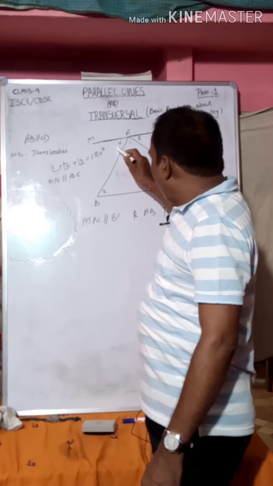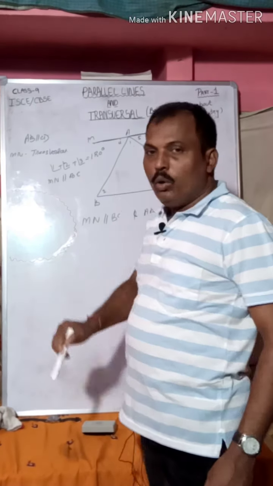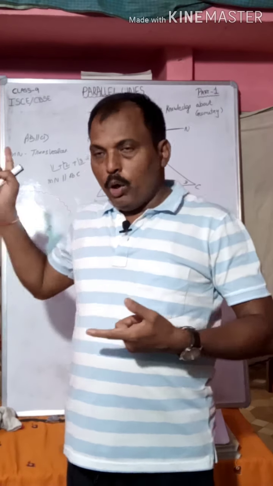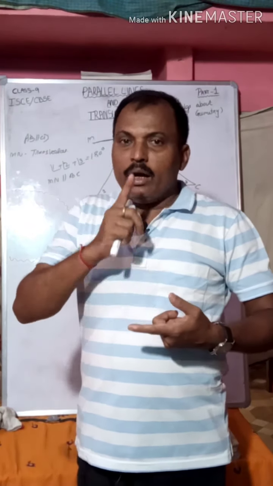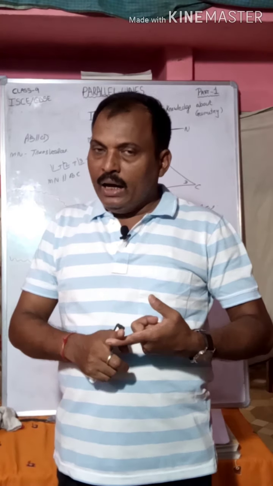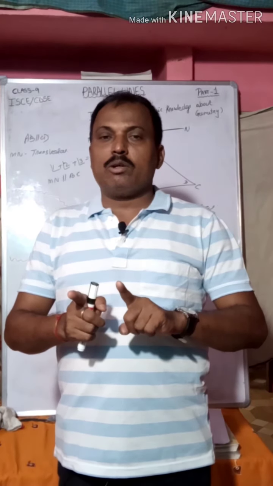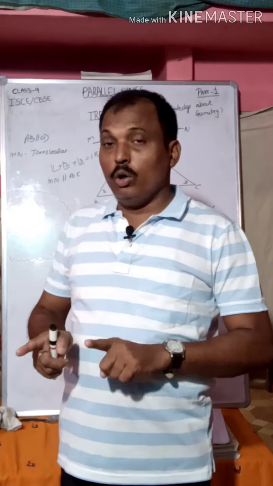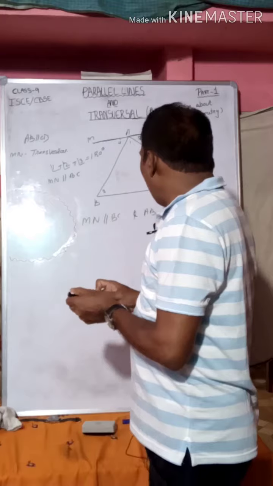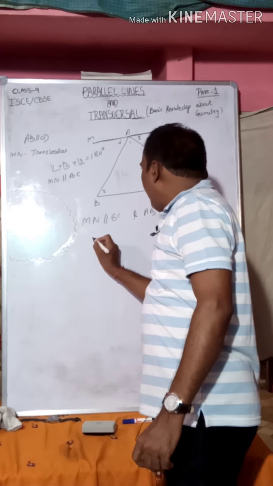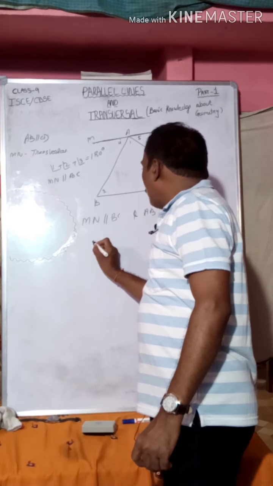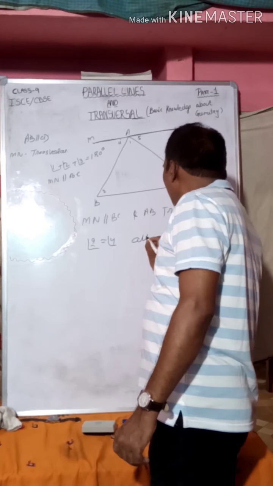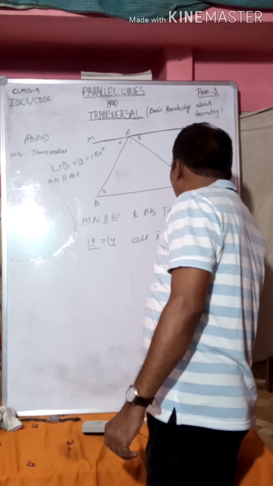In what position are 4 and 2? These two angles are interior angles, alternate with respect to the transversal, so they are called alternate interior angles. Alternate interior angles are equal. So we can write angle 2 is equal to angle 4, alternate interior angles.